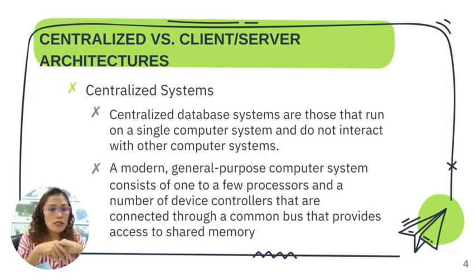And this centralized system has what we call workstations. So these workstations will access the database through a network in the centralized server. So you have here one server, then workstations are connected to that particular server.